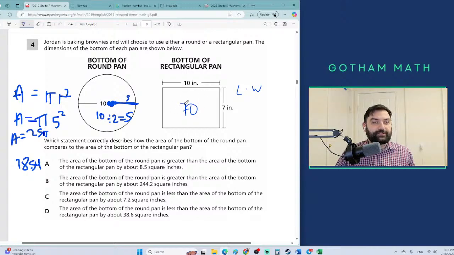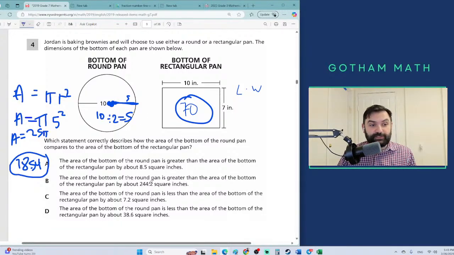Because the rectangular pan is 70 and the circular pan is 78.5 ish. 78.5 minus 70 is 8.5, which means that it's greater by 8.5 units. A is the answer. We don't even have to go any further. Don't have to waste time. So this question was about just knowing the area formulas. This area formula and this area formula.